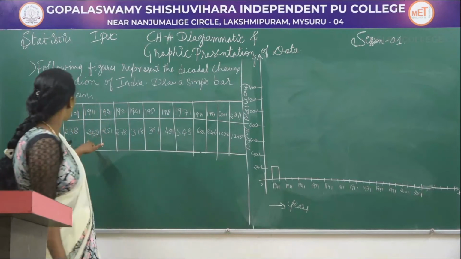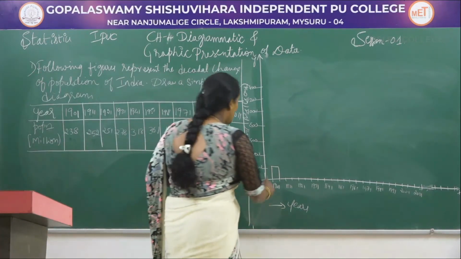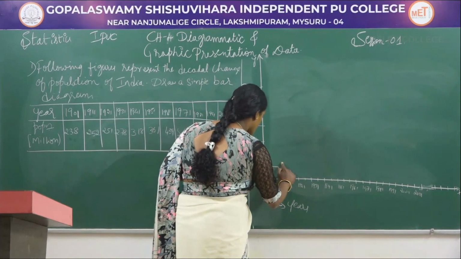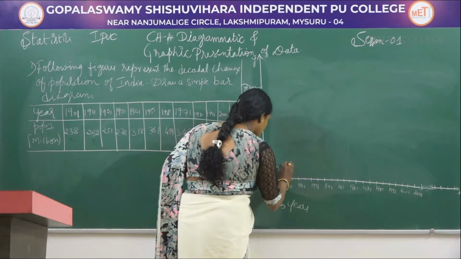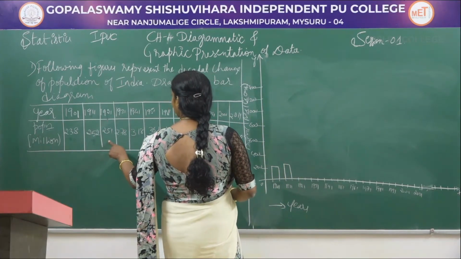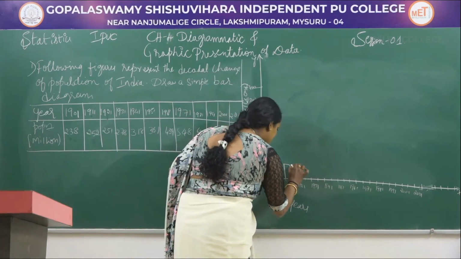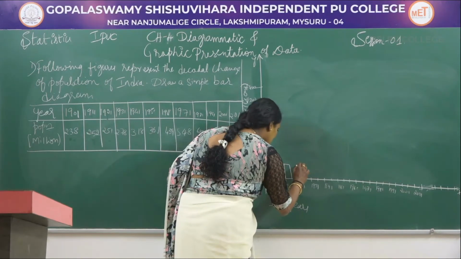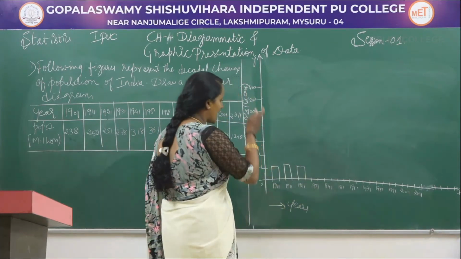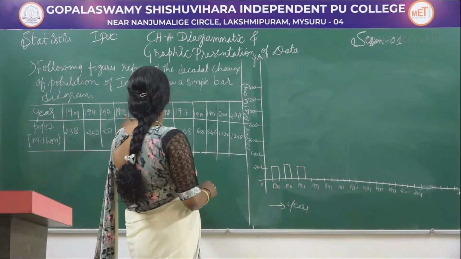Next for 1911 it is 252. Next 1921, 251 again, a little bit lesser than this. In your graph you can see the exact pictures.